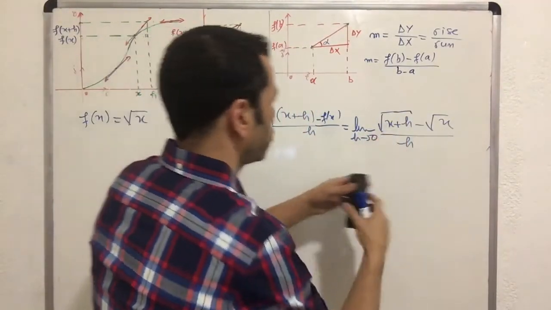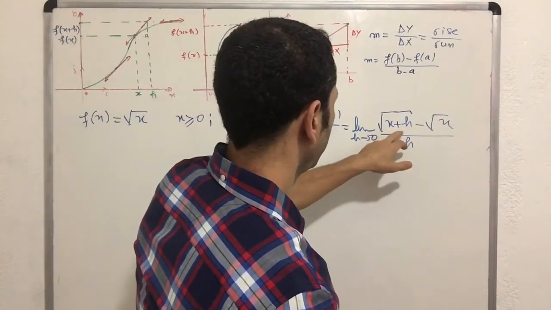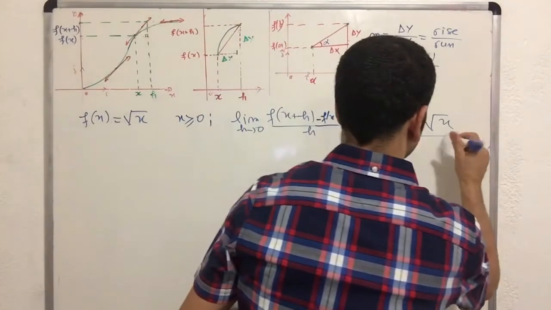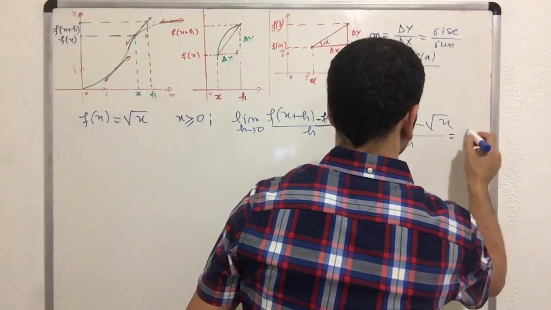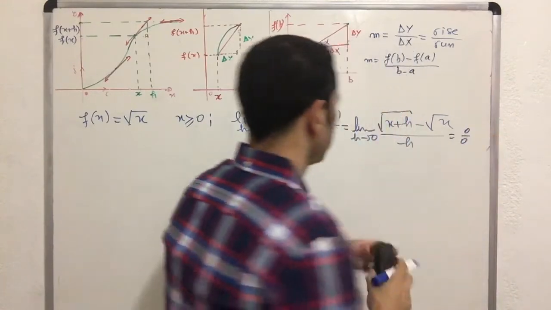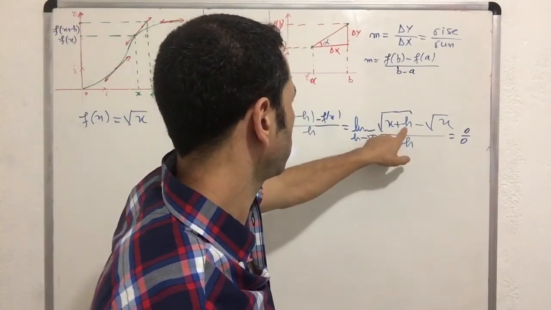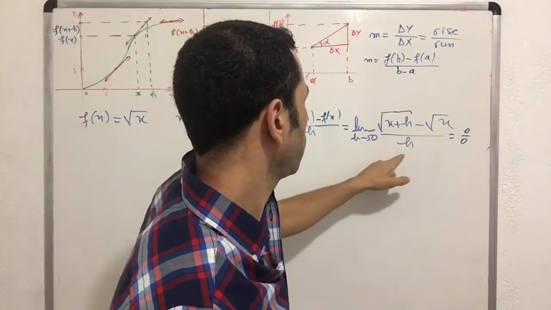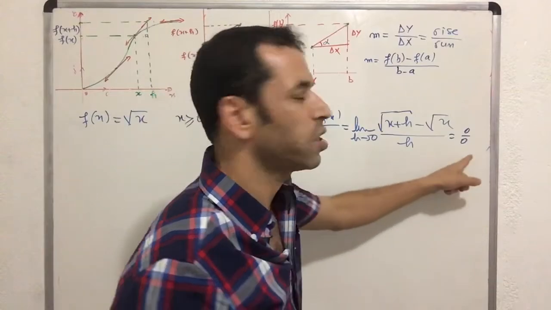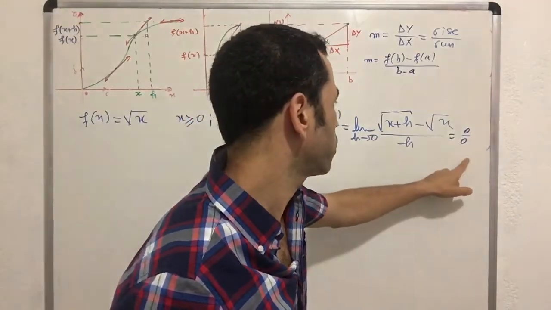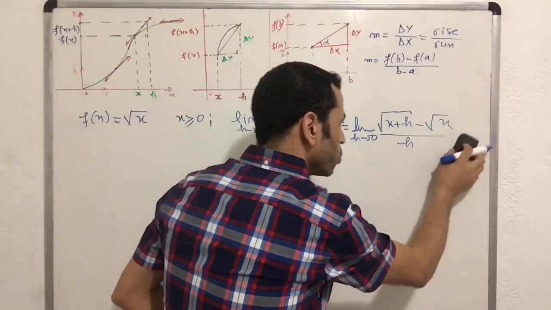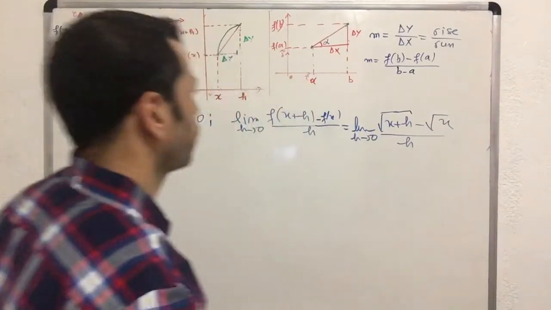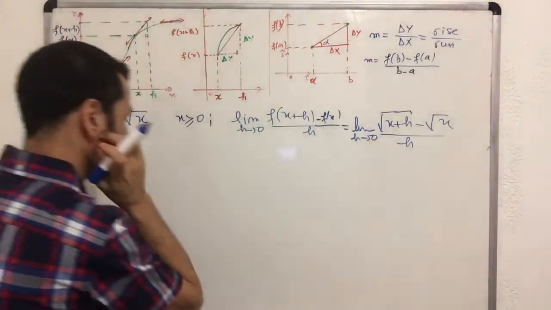It gives you 0 over 0, because the square root of x minus the square root of x is 0, over h, which is 0. This is an indeterminate form. You should change to another form to calculate your limit.